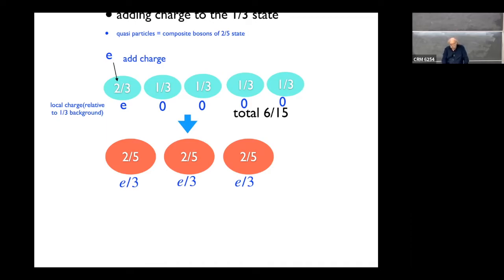That's a total of 6 electrons in 15 orbitals, and that's actually going to split up into 3 2/5 droplets. So the droplet of the next state up in the hierarchy scheme: as I start to add electrons to the Laughlin state, every electron produces 3 droplets of 2/5 state, and of course shrinks the number of the 1/3 droplets.